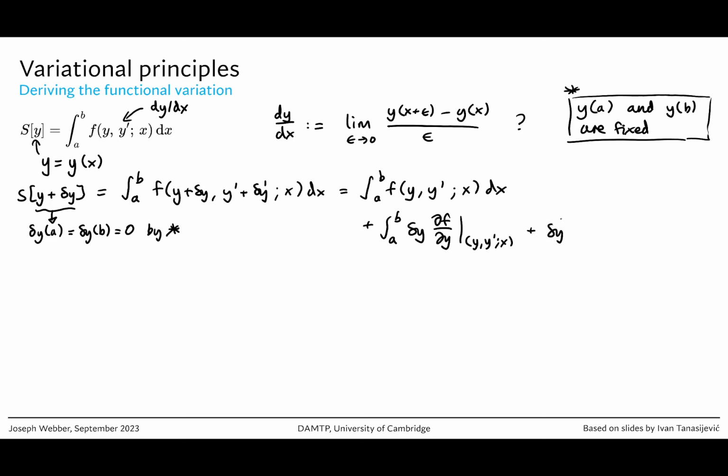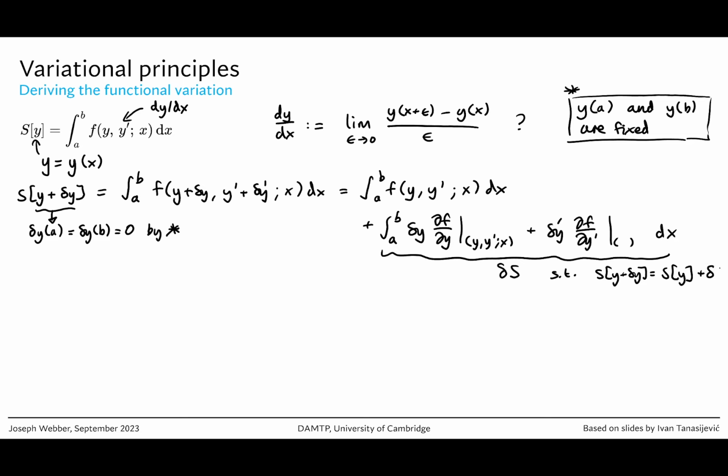And we've got delta y prime df by dy prime, again evaluated at the original variables, dx. So we're going to call this thing here delta S, such that S of y plus delta y is equal to S of y, that's this thing up here, plus delta S.